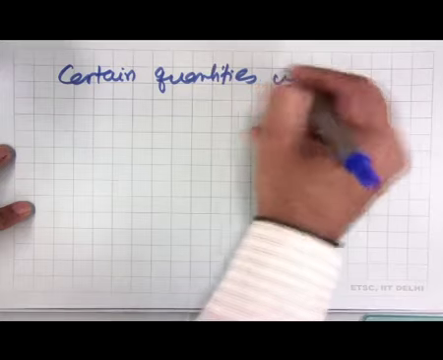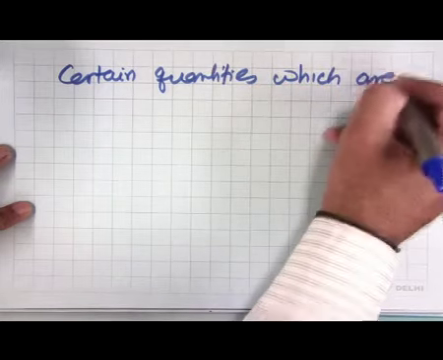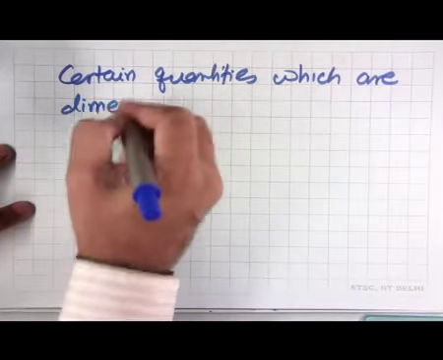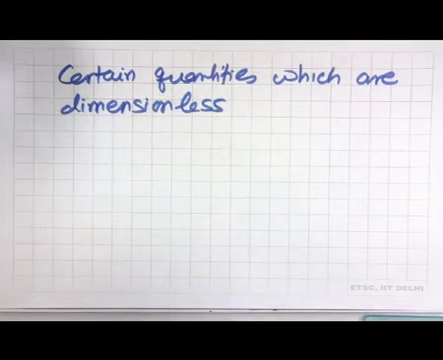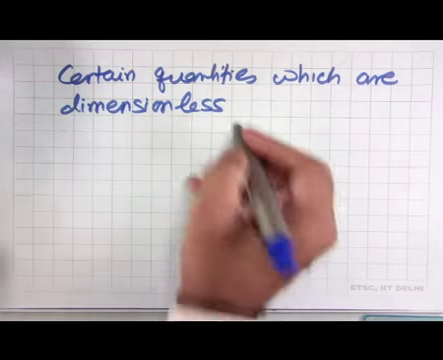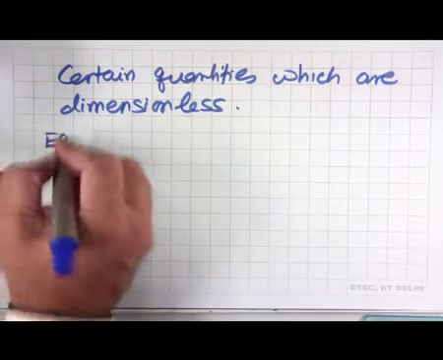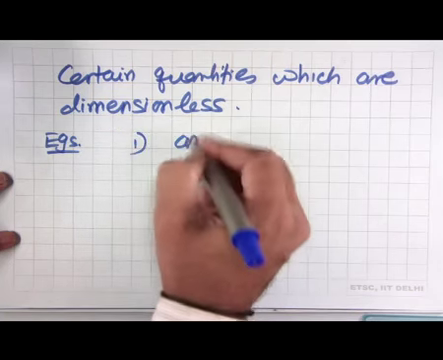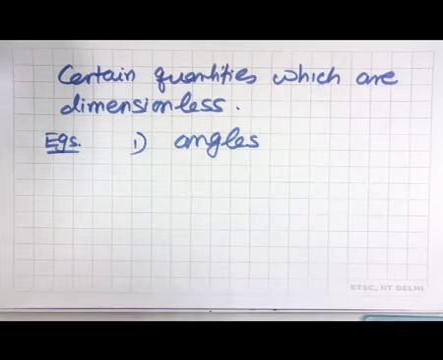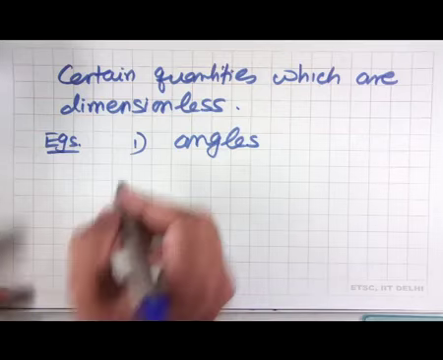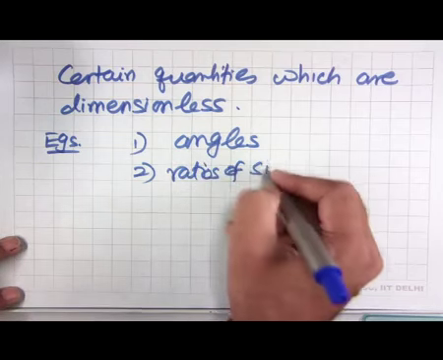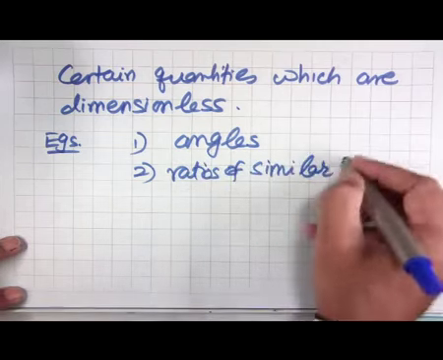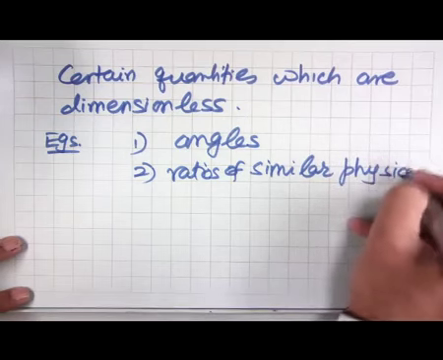So, this one has to take care, and also what we realize is that there are certain quantities which are dimensionless, and using dimensional analysis we cannot do anything about the dimensionless quantities. Examples of dimensionless quantities: first one is angles. All angles which we measure are dimensionless. Or we could have ratios of similar physical quantities.